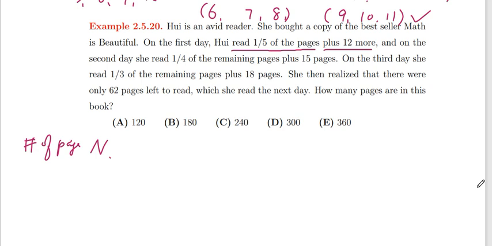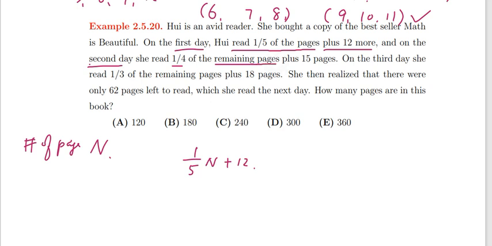So first day, she read 1/5 A plus 12, right? So on the second day, she read 1/4 of the remaining pages.